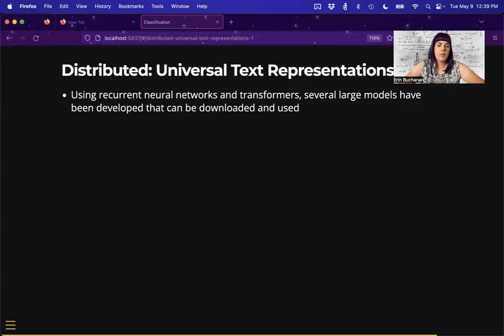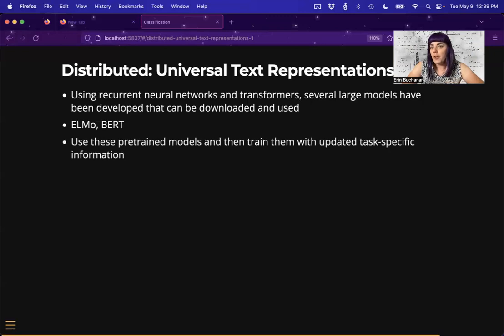Okay. So Elmo and BERT are these like giant transformer models that you can download to use. I have heard from some folks that they can be a bit difficult to set up, but otherwise can work really well. And they're trained on just bazillions of different examples.